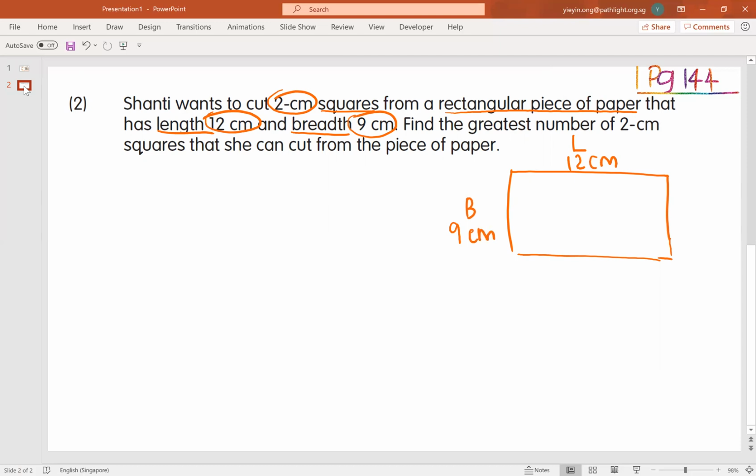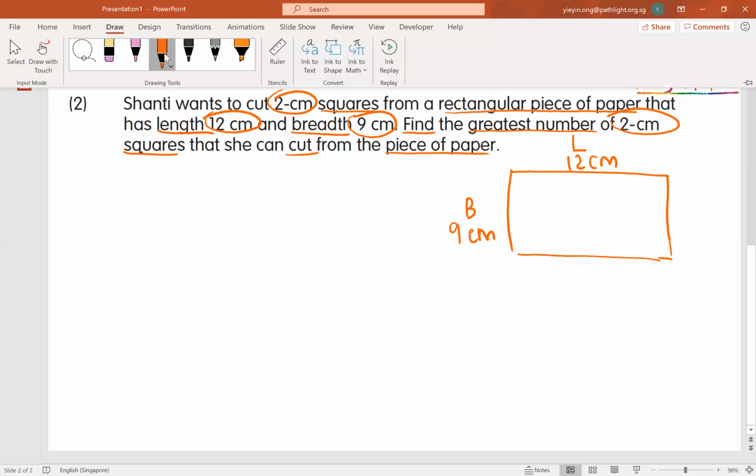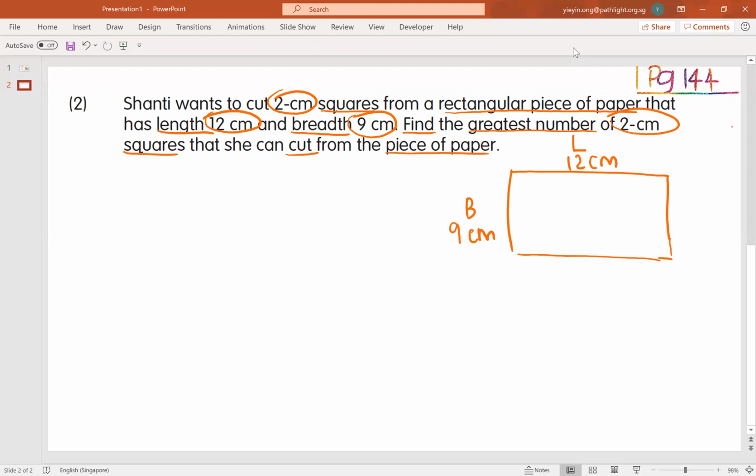Now the question says, find the greatest number of 2 centimeter squares that she can cut from the piece of paper. So Shanti wants to cut 2 centimeter squares. Let's take a look at our length first.